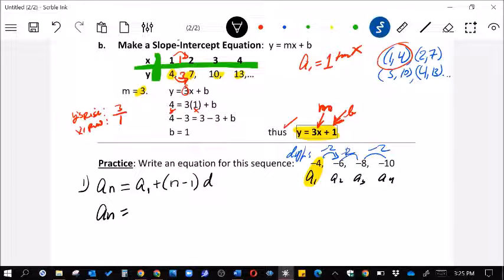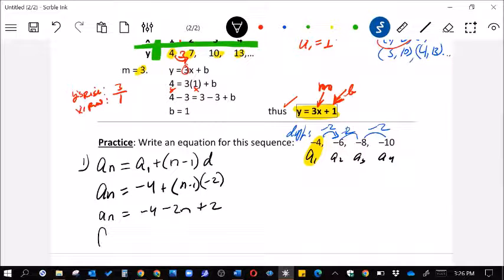An is equal to the first term, -4, plus n minus 1 times d, which is -2. So the nth term is -4 minus 2n plus 2, and then -4 plus 2 is -2. That's -n minus 2.